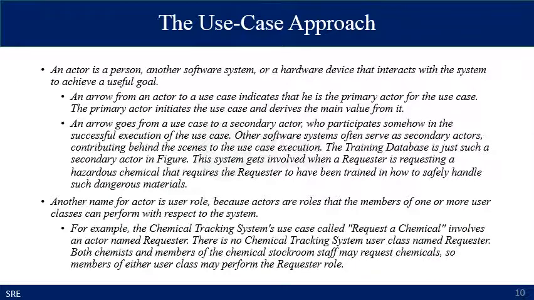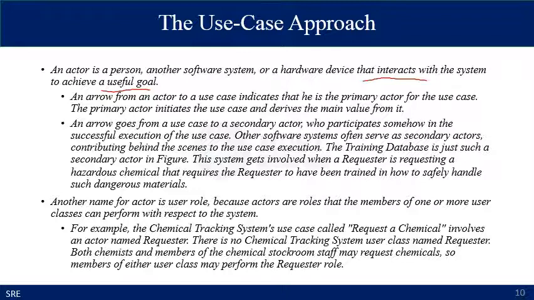The fundamental part of the use case approach is an actor, that is a person, another software system, or a hardware device that interacts with the system to achieve a useful goal. There is an arrow from an actor to the use case to indicate that he is the primary actor for the use case. The primary actor initiates the use case and derives the main value from it.